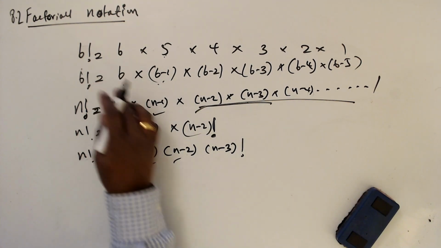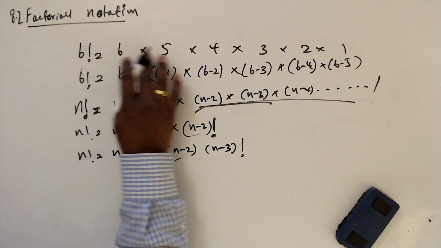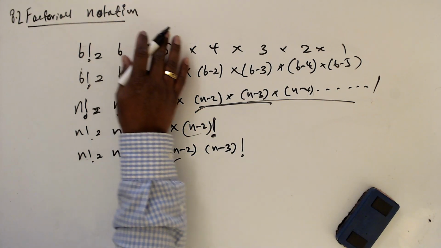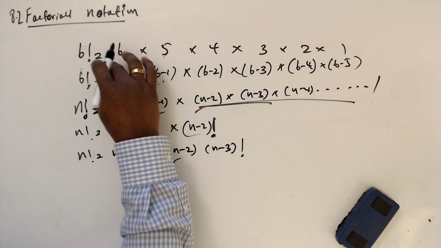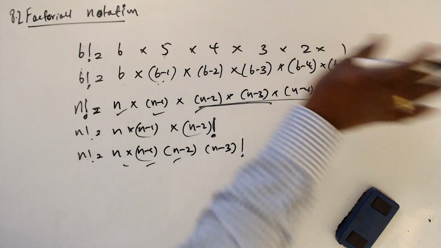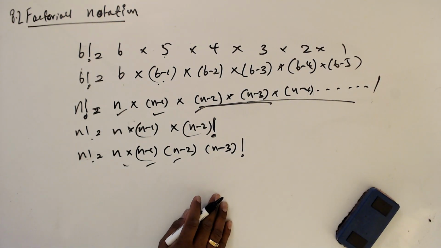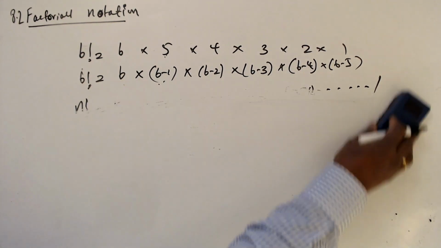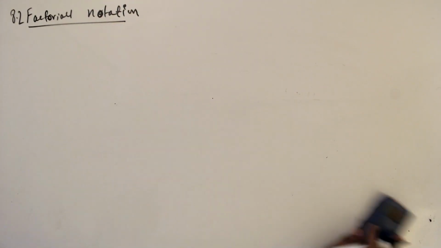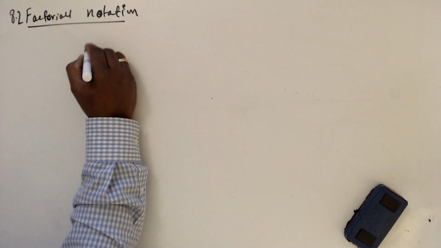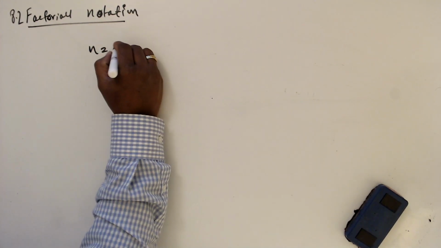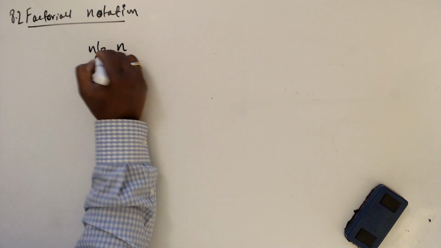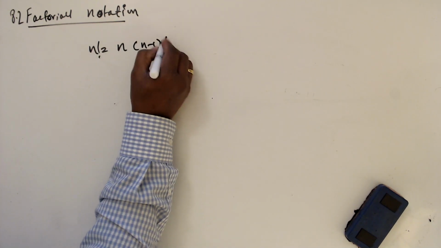The same as this one: we can write 6 times 5 and factorial 4, or 6, 5, 4 and factorial 3, likewise. As a summary, you can write factorial n is n times n minus 1 factorial.